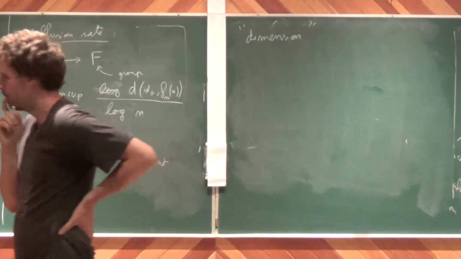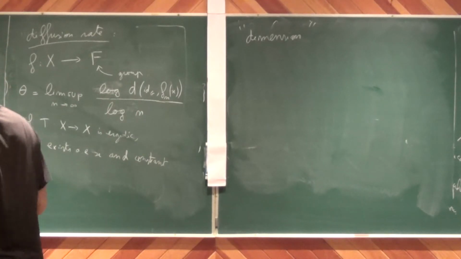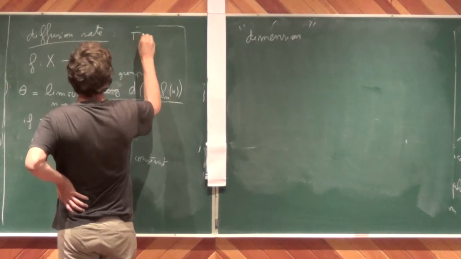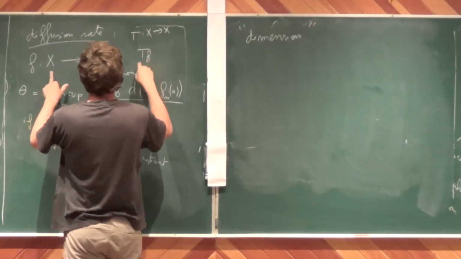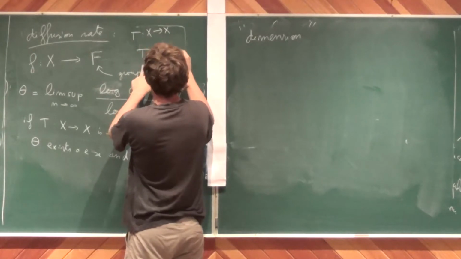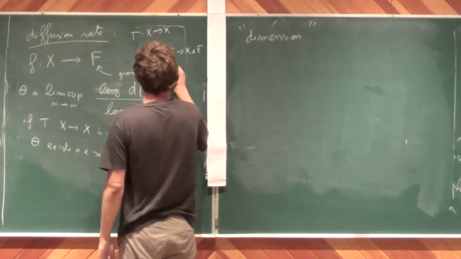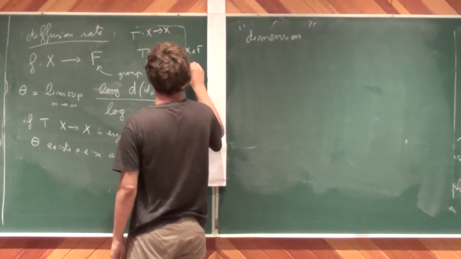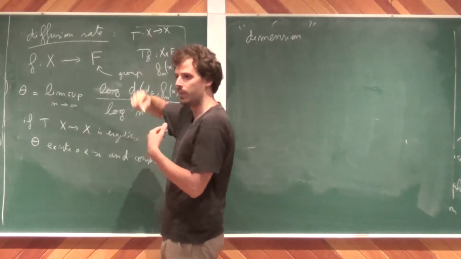I'm a little bit confused about the diffusion rate. What's the relation between T and F here? Oh yeah, there is T from X to X, and you look at the function which allows you to build the skew product from X times F to X times F. And f_n is just the product f of x times f of Tx and so on. The position in the fiber.